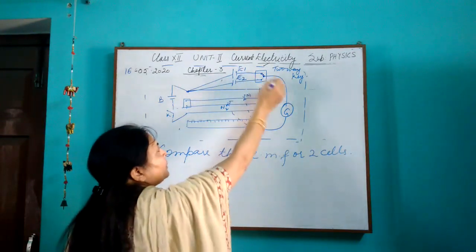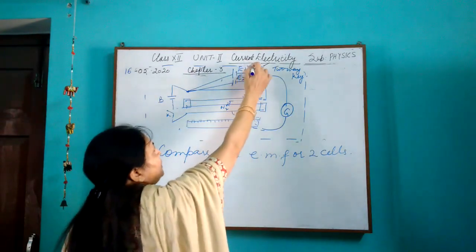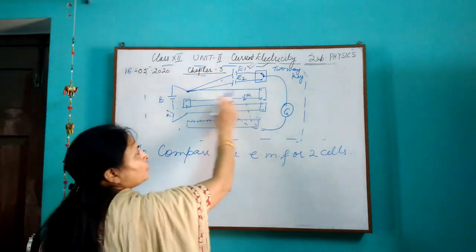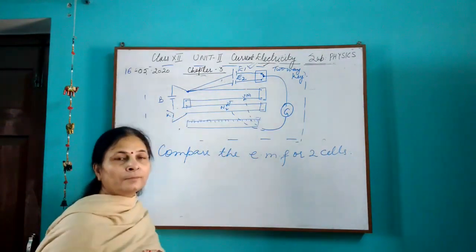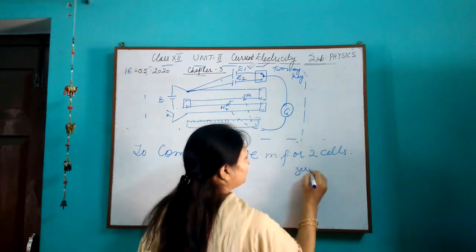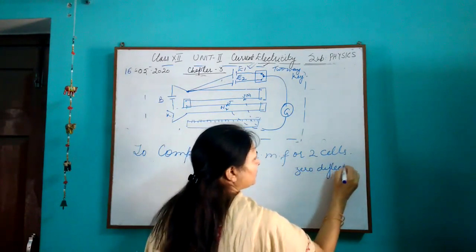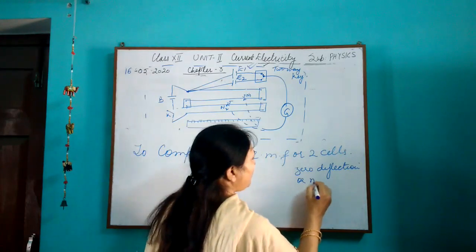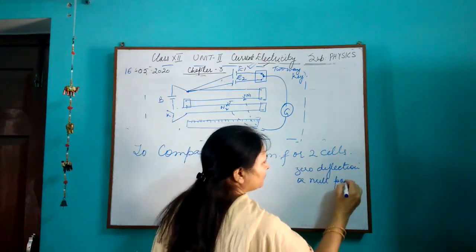Now this circuit will be closed with source E1 in the circuit. We'll move the jockey on the wire. We'll get a zero deflection. This word is important in writing the work. Zero deflection or null point.